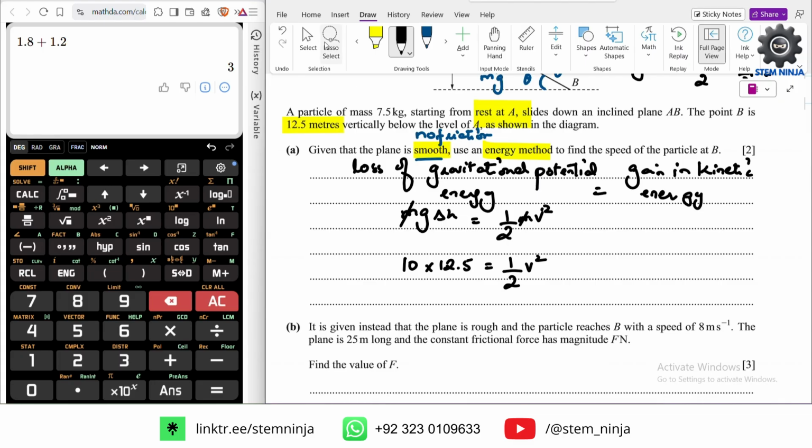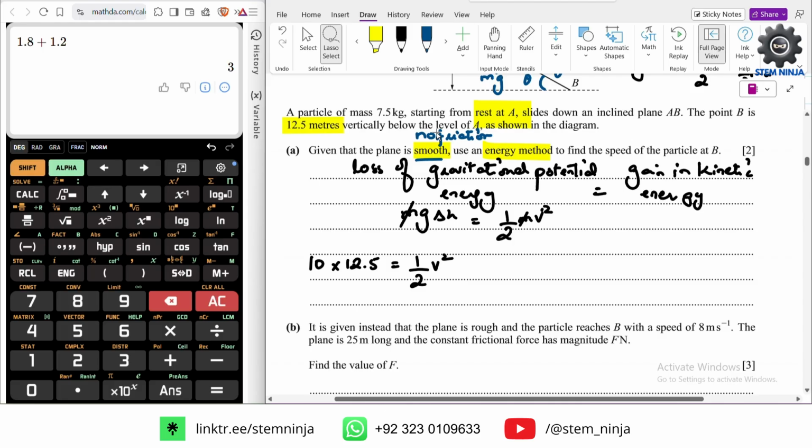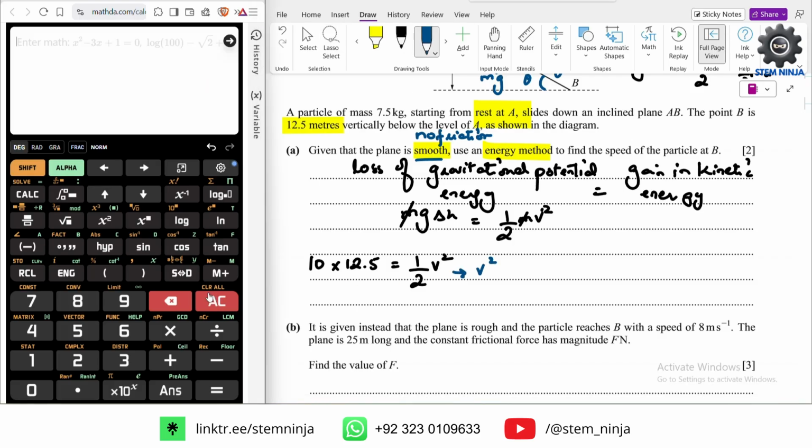Oh, sorry, we ran out of space. So therefore v squared would be 2 times 10 times 12.5, which is 250.